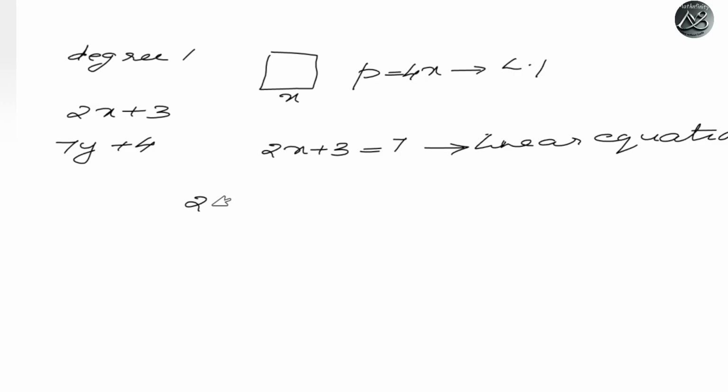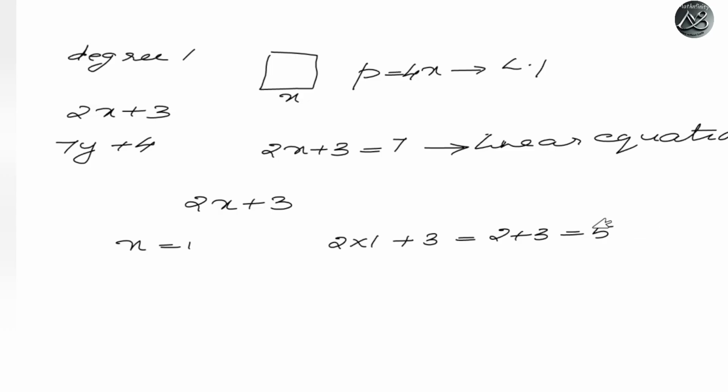For a linear polynomial, for every value of x, there is a corresponding value of the polynomial 2x plus 3. For example, if x is equal to 1, substitute the value of x in this polynomial. So it becomes 2 into 1 plus 3, that is 2 plus 3, which is 5.